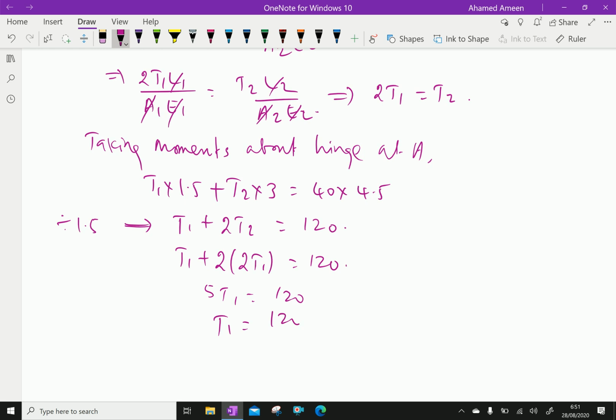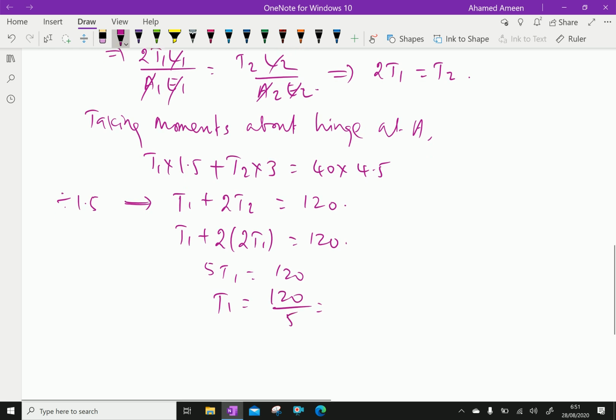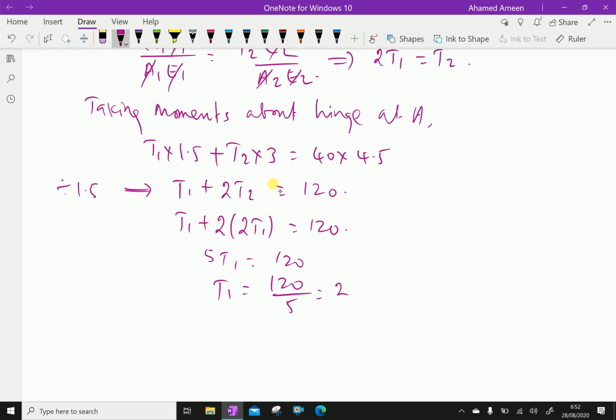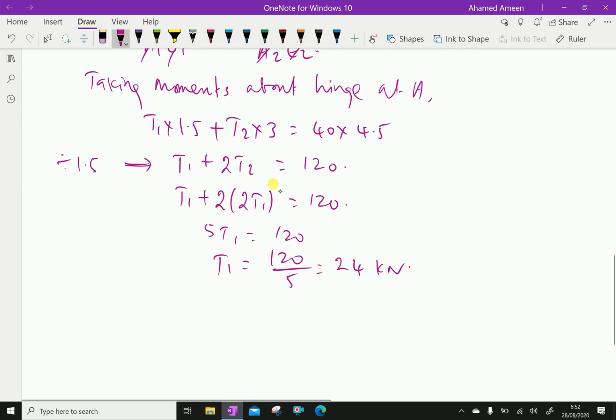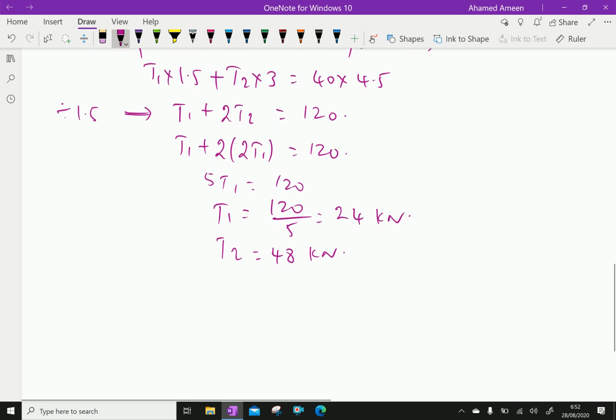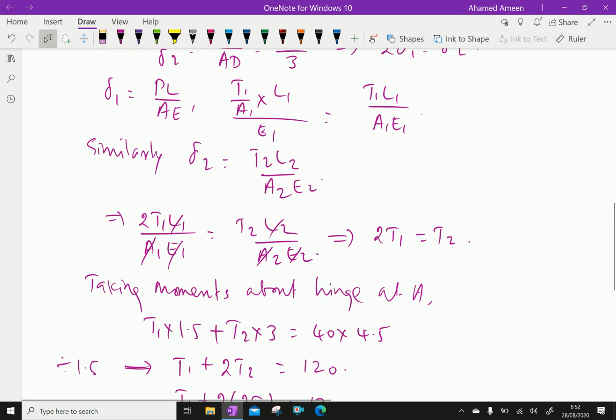T1 equal 120 divided by 5 is 24 kilonewton. T1 is 24 kilonewton and T2 equals 48 kilonewton.